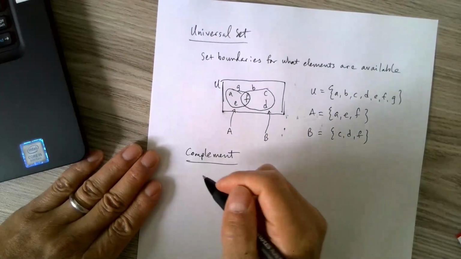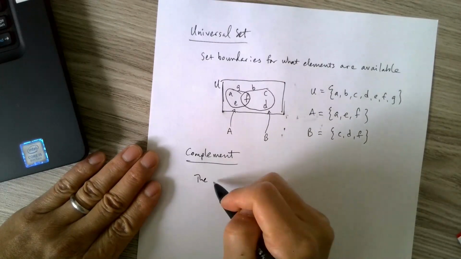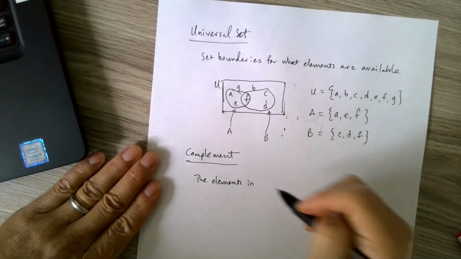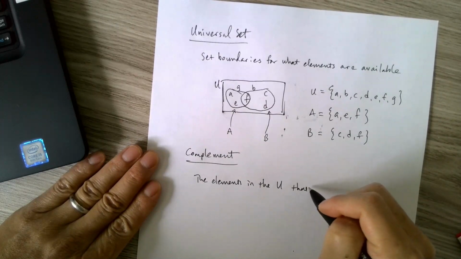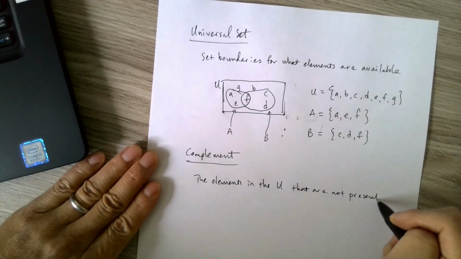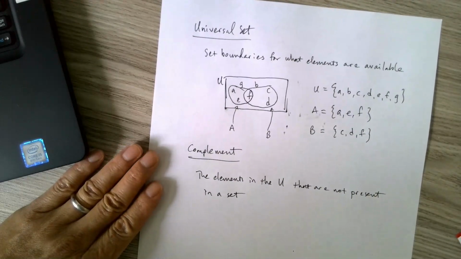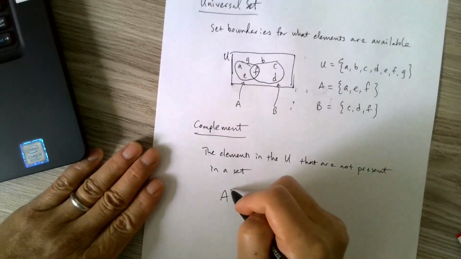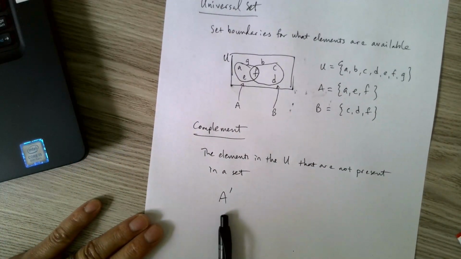It's basically the elements in the universal set that are not present in a set. So the symbol for complement is an apostrophe. So this is read the complement of A.